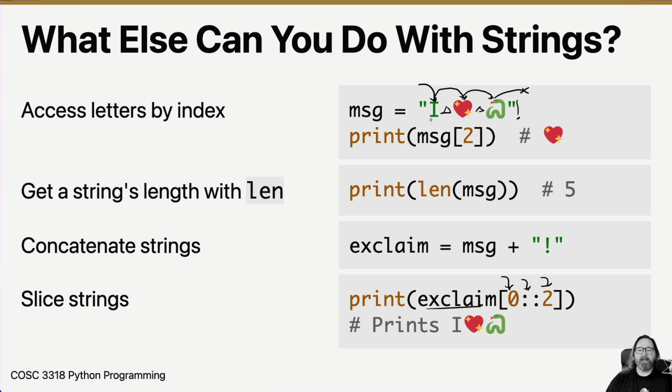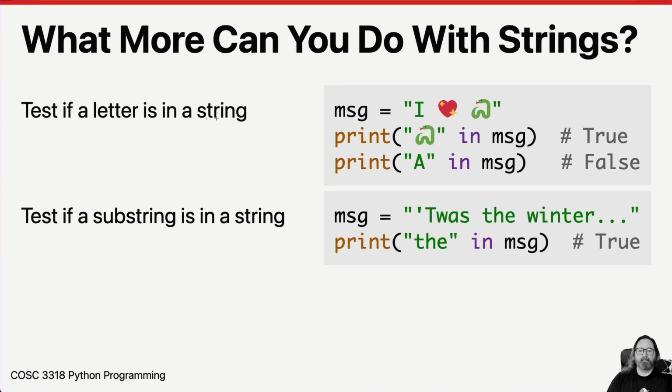So once we have that, what characters did we get? We got the I, we got the heart, we got the snake. And so if we take a slice of that, we get I, heart, snake with no spaces. Just because each of these are single character things in here, it's not like this slice is going to take out spaces. It just gets every other character starting with the first one.